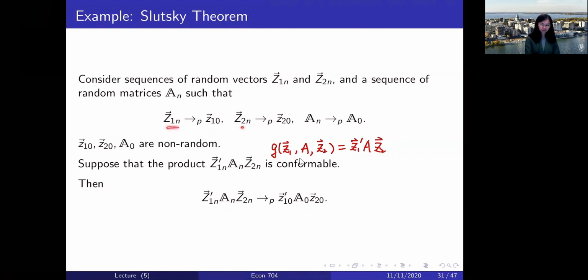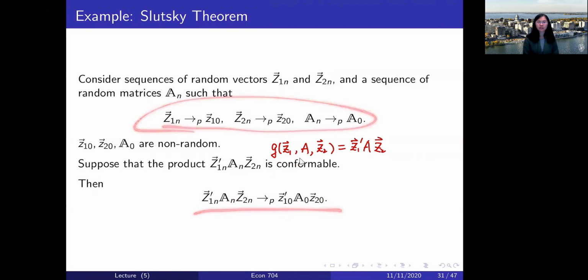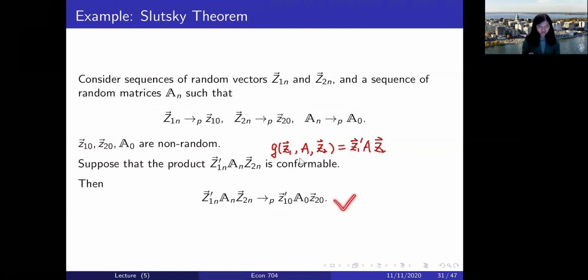Therefore, G of the three things, which is Z1n prime An prime times Z2n, should also converge in probability to G with the limit vectors plugged in. So G with the limit plugged in is Z10 prime, A0, Z20. By Slutsky's theorem, if you have these, then these hold. So this is fine.